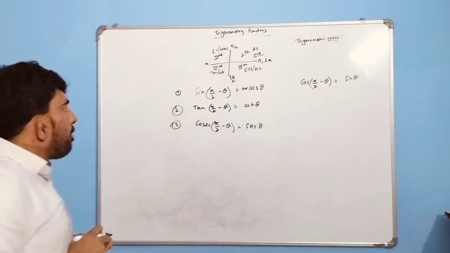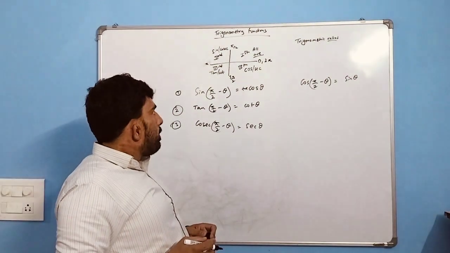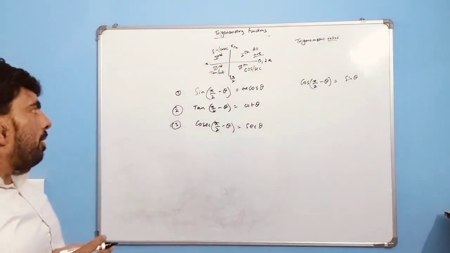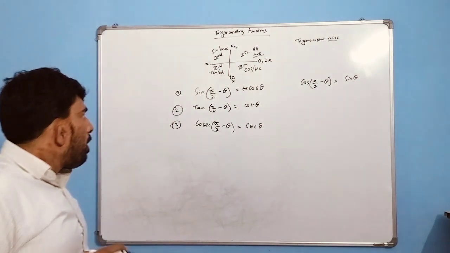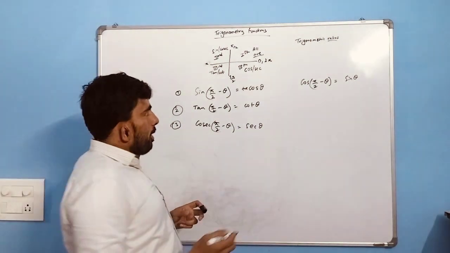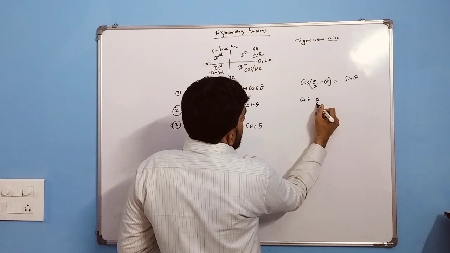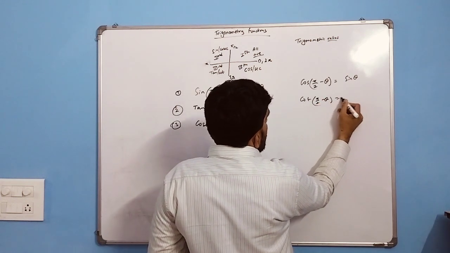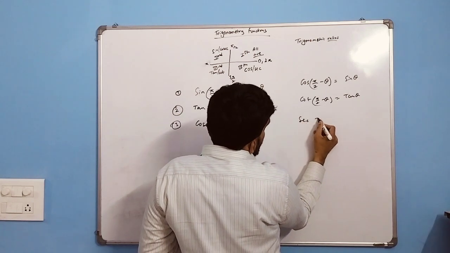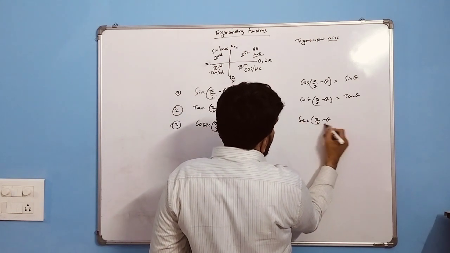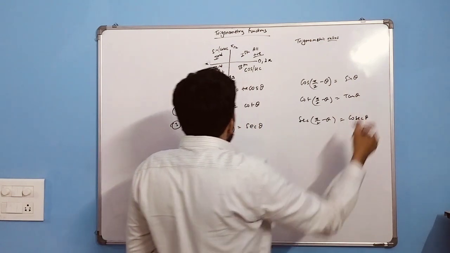So now we have the formulas: sin 90 minus theta is cos theta, cos 90 minus theta is sin theta, tan 90 minus theta is cot theta, cosec 90 minus theta is sec theta. Here I can also say cot 90 minus theta will be tan theta, and sec 90 minus theta will be cosec theta.